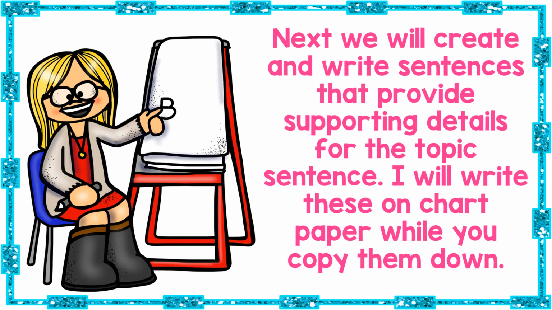Next, we're going to create and write sentences that provide some supporting details for the topic sentence. So when you make that statement, that topic sentence, it's kind of like the top of your table. So your supporting details are going to be the legs to your table. They kind of hold it up. So, Jane was really focused on how she was going to spend all the money from the bucket of milk.